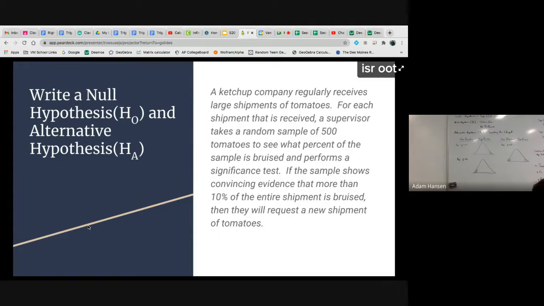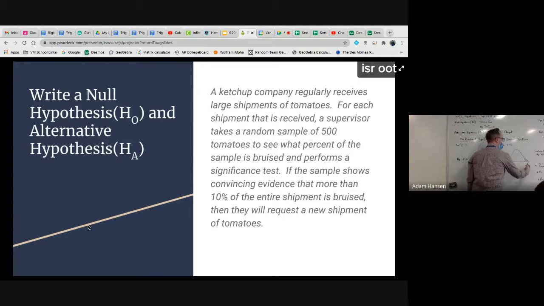P is more than. We're talking about one directional significance now, right? We're going to test to see if our proportion of bruised tomatoes is greater than 10%. This is different than the previous example where we had two directional significance.